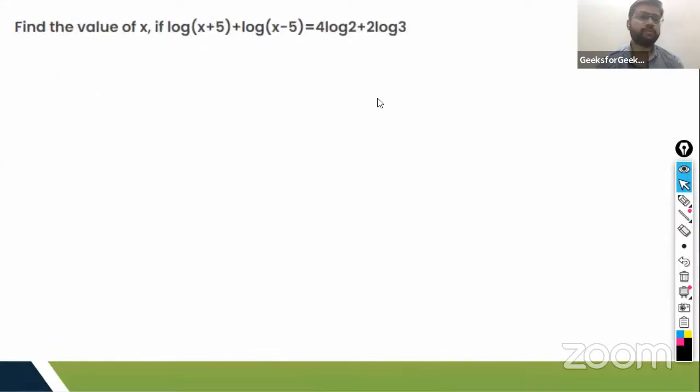Let's see another question. What is the value of x if log(x plus 5) plus log(x minus 5) is equal to 4 log 2 plus 2 log 3? Take 2 minutes of time. Okay, don't be in a hurry. Take 2 minutes of time.